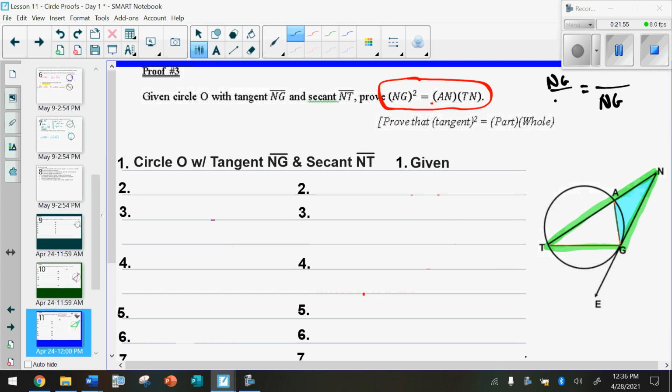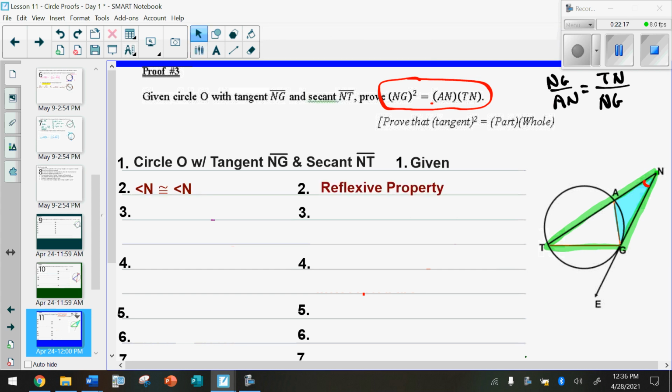And then the other two sides, AN and TN, can fill in whichever two spaces we want. But the NGs need to be diagonal, one from each of the different triangles. All right, now with those adjusted, we can use angle N, because we are using similarity proofs in order to set up the proportion. Angle N is reflexive with both triangles. So we're going to do that first.